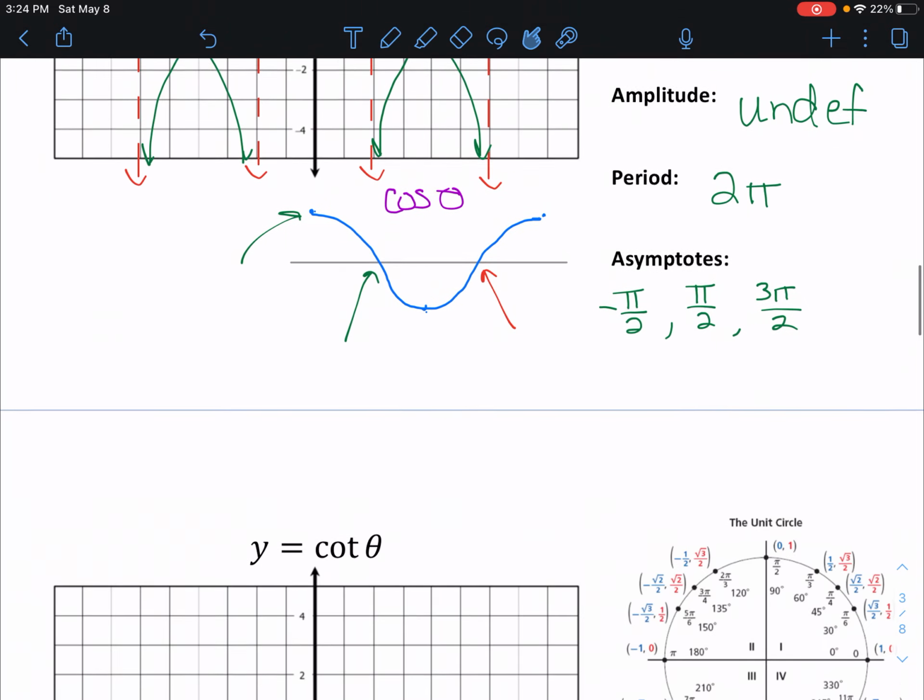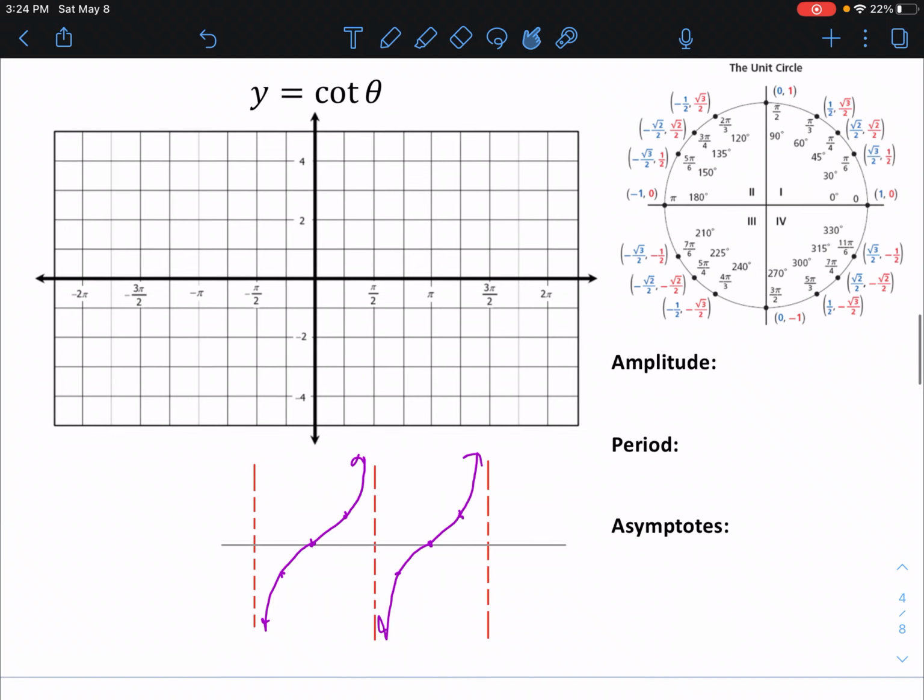Okay, now cotangent, what does it look like? Well, cotangent, reciprocal of tangent, we know that tangent is y over x, so cotangent would be x over y, but again, it might be more helpful to look at the tangent graph, so this is tangent theta. I think it's a little easier to look at this instead of the unit circle, but either way, same thing, right?